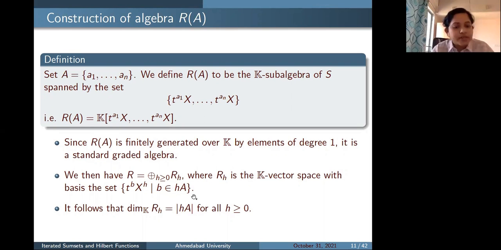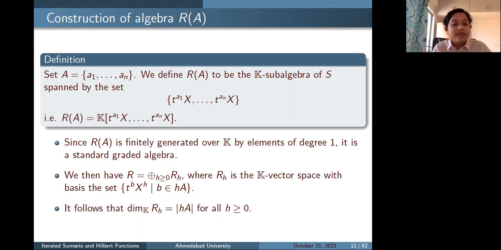This ensures that the dimension of this R_h would be the cardinality of hA. So this is the way: I have a group and I have a set, and now I associate a standard graded algebra R_A, whose Hilbert function is exactly the same as the cardinality of hA.